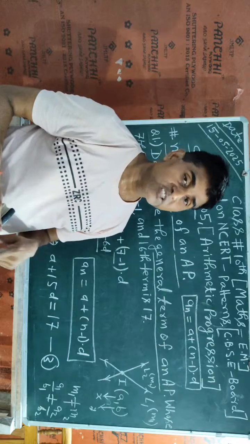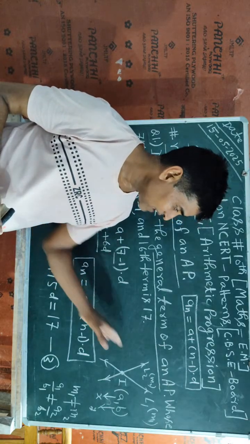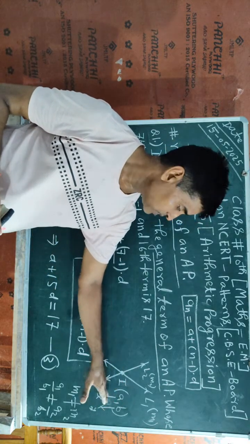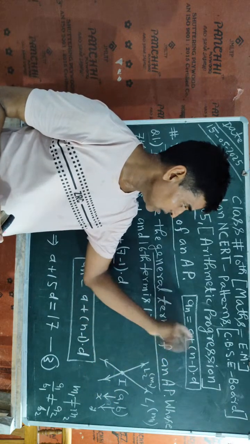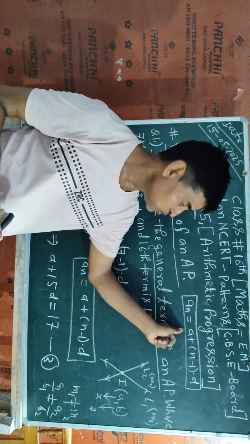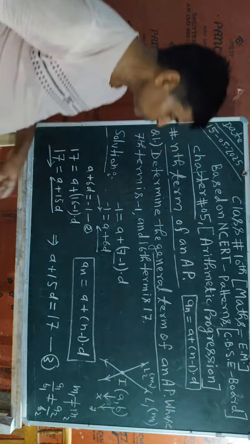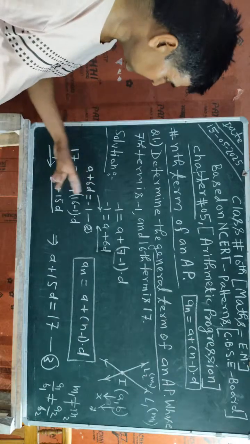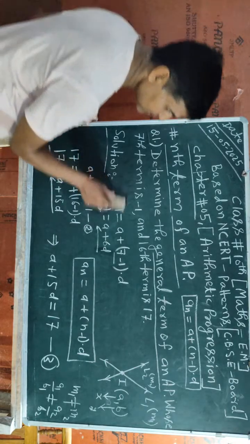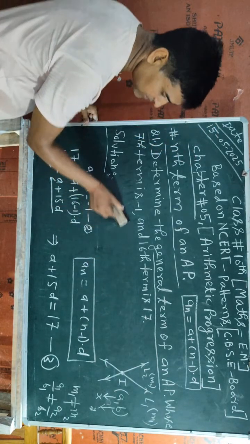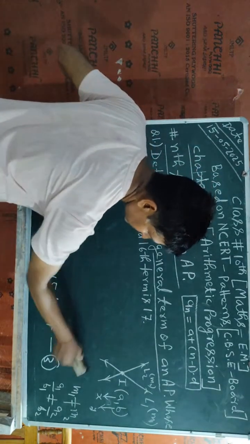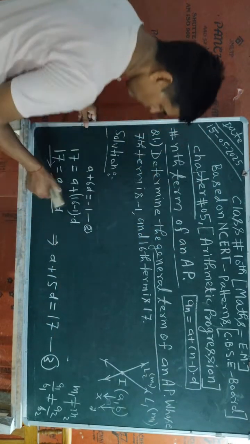So this concept I will apply. After applying, I will get the value of a and b. After getting its value, I will put it in the above equation, and I will find the general term of an AP series. Okay, student. Further, I am going to erase unwanted data from here, and then I will solve it. After solving, I will find its value.